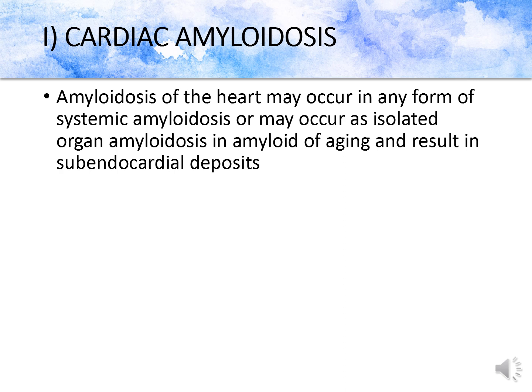You know this pathology. Amyloidosis of the heart may occur in any form of systemic amyloidosis, or sometimes we see this kind of pathology as isolated organ amyloidosis in amyloid of aging and result in subendocardial deposits of amyloid.